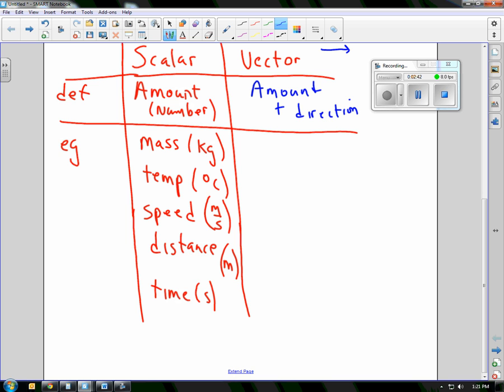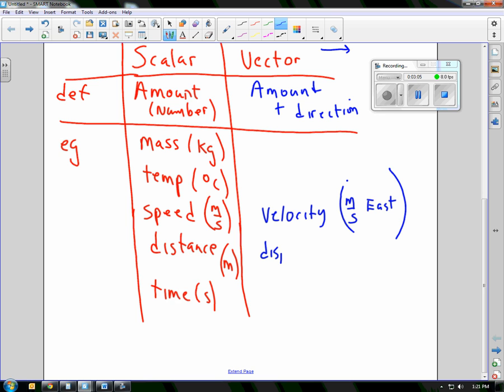So let's look at some examples. Velocity is considered to be vector. So we say so many meters per second east. We put that direction there. That becomes a vector quantity.